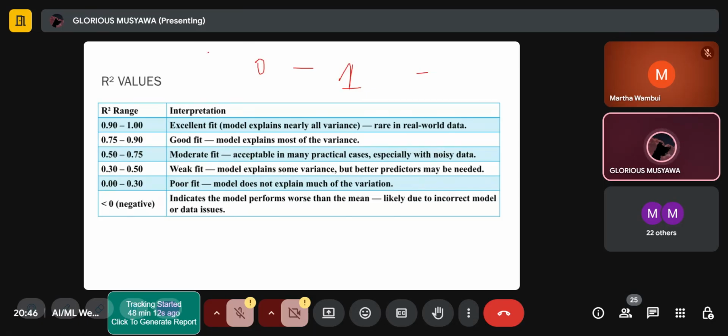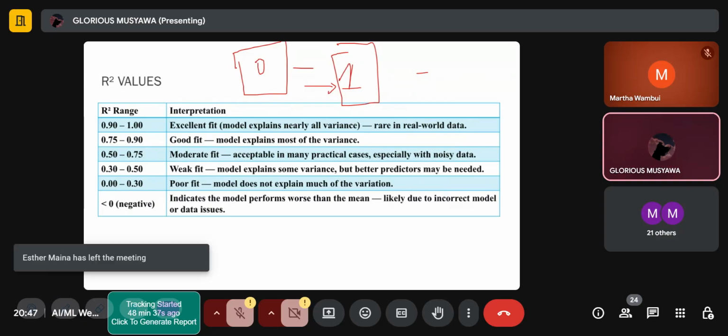So it's 0 to 1. The closer that value is to 1, the better your model is. If my R squared is 1, it means my model is predicting from all the data, so it's been able to learn from all the data. If it's 0, I don't even know what it's predicting. If you're measuring using the R squared error, you want to see it closer to 1.